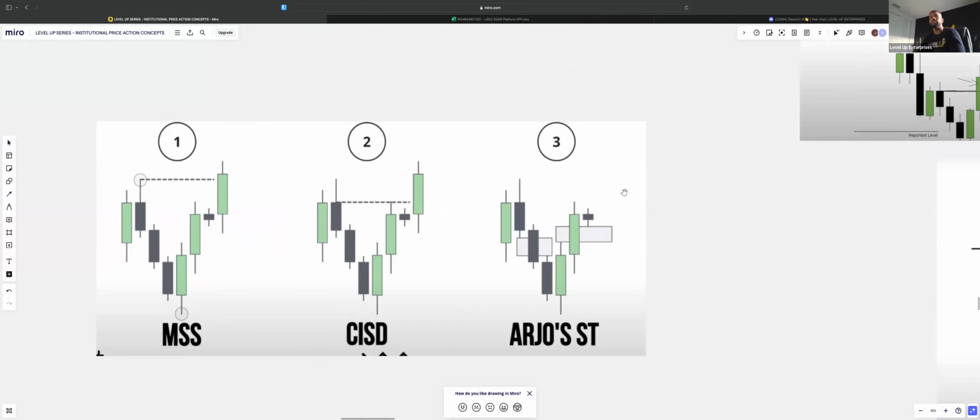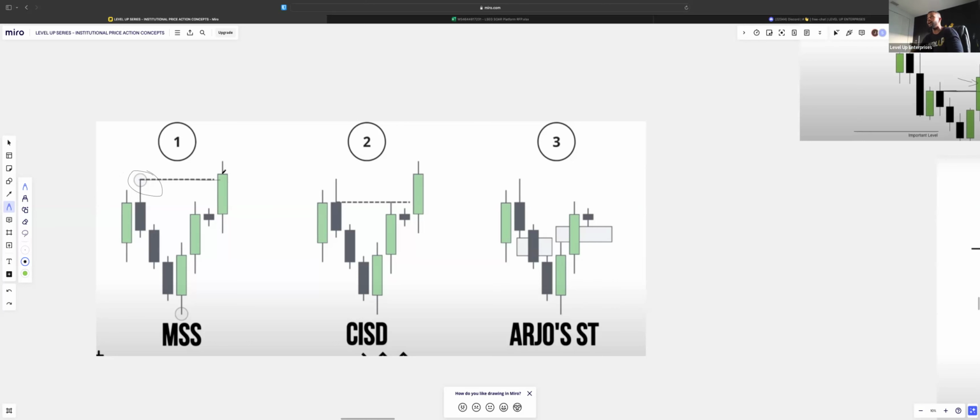All these three different things are three different concepts that can help you understand whenever there's an order shift when it comes to price. What do we see here? The market structure shift focuses on a swing point. So for example, this right here used to be a lower high.